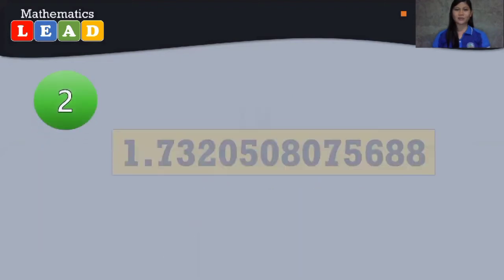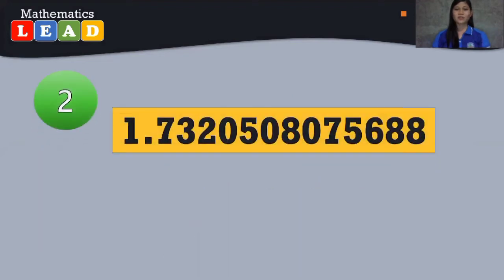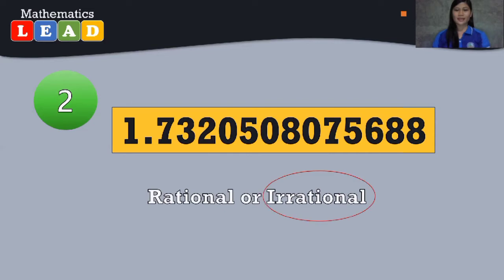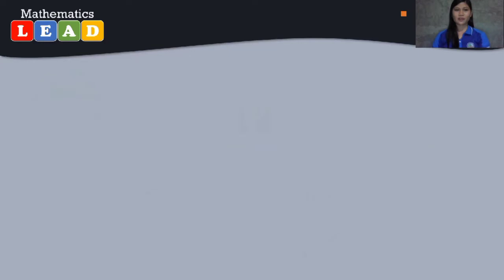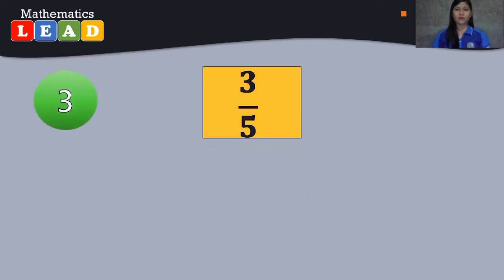For item number 2, 1.73205080756688. Is it rational or irrational? Yes, it is a rational number. For item number 3, we have 3 over 5.